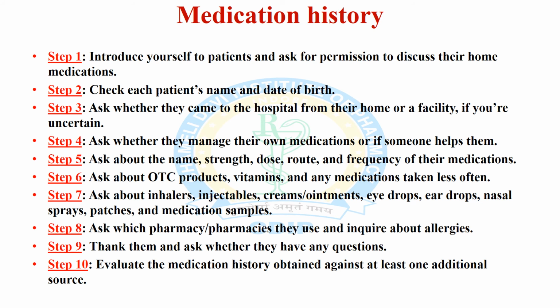They will ask which pharmacy or pharmacies they use and inquire about allergies. They thank them and ask whether they have any questions. And they evaluate the medication history obtained against at least one additional source.